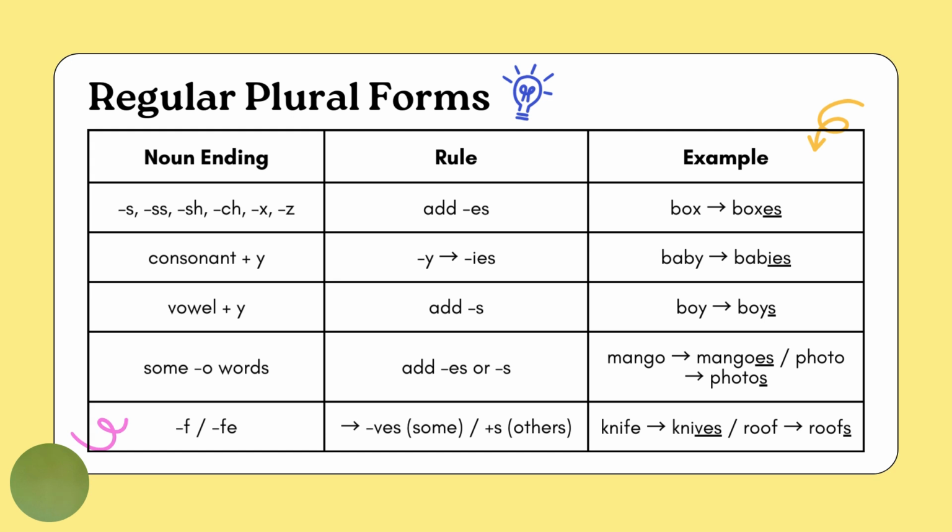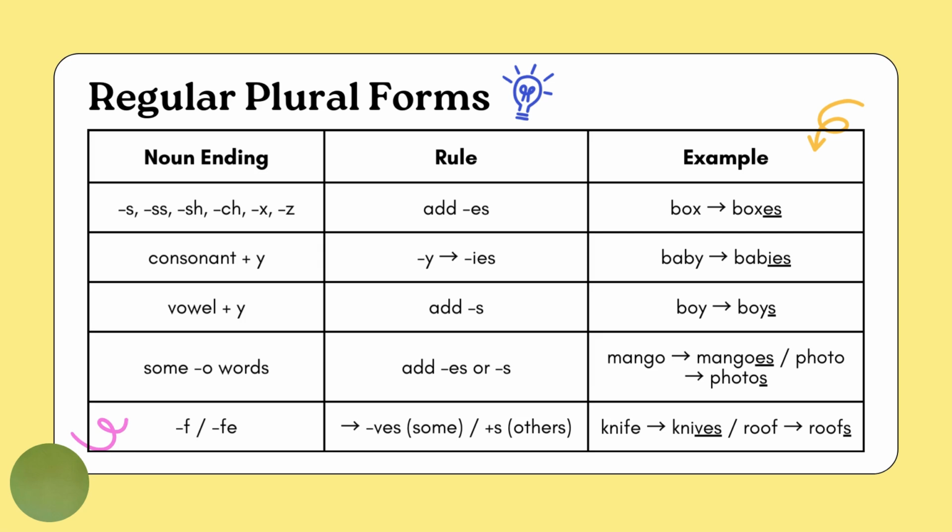So there are nouns ending with s, double s, sh, ch, x, or z. Then you must add es, not just s. For example, the word box ends with x. Therefore, the plural form is boxes.